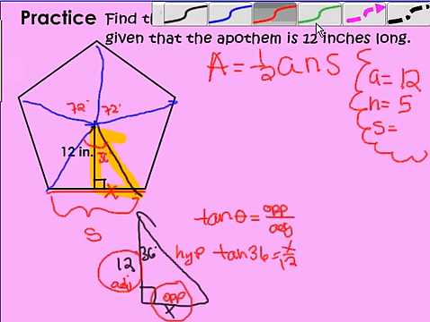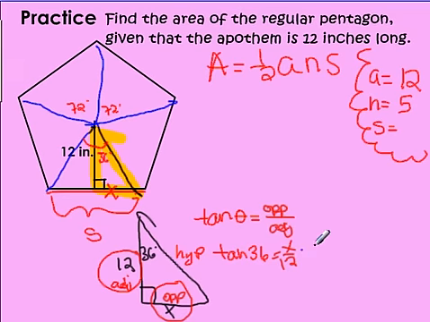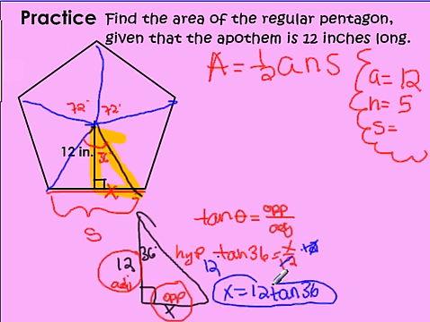And as we solve for x, we get that x is equal to 12 tangent of 36. Now this x is this measure here.